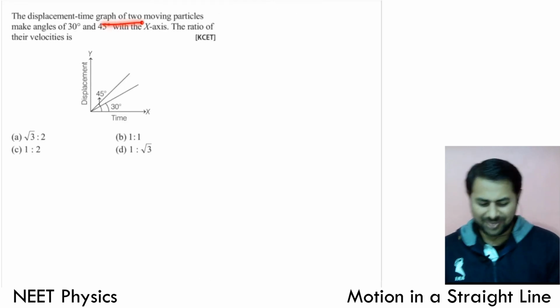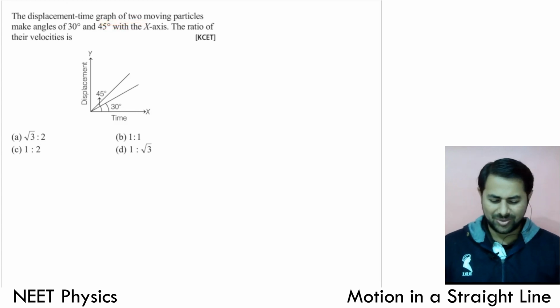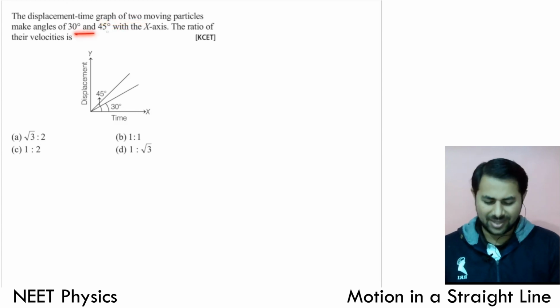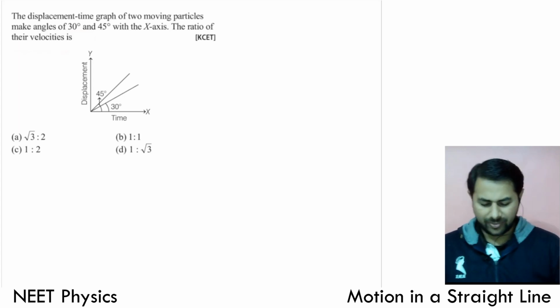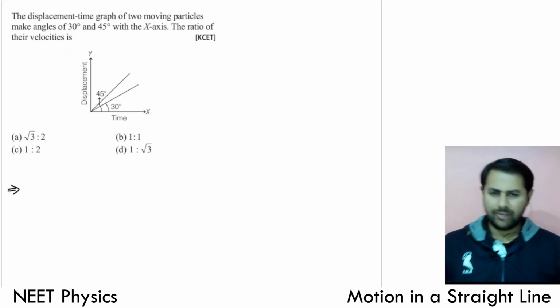The displacement-time graph of two moving particles make angles 30 degrees and 45 degrees with the x-axis. The ratio of their velocities is? So we know what the velocity is.